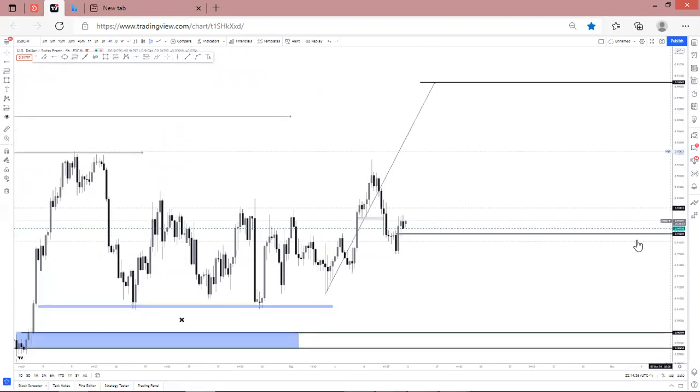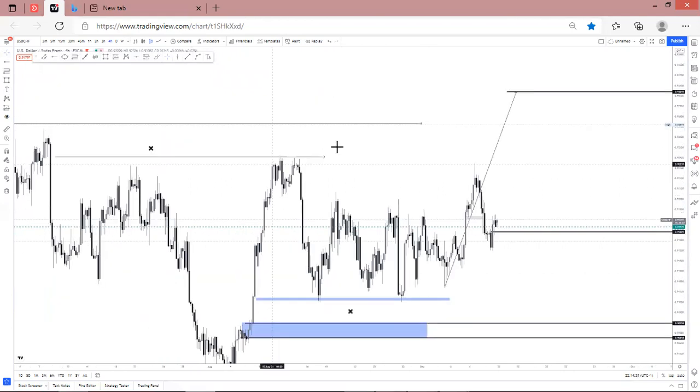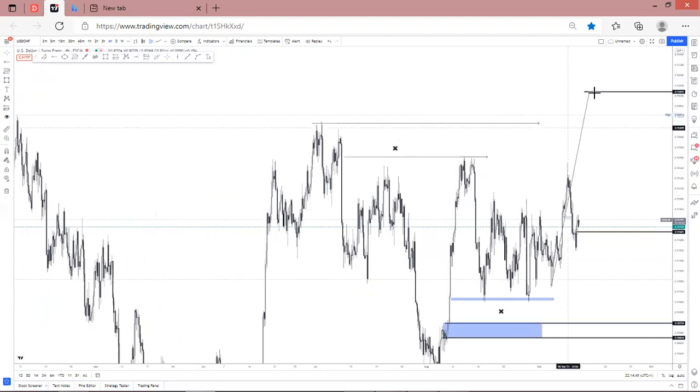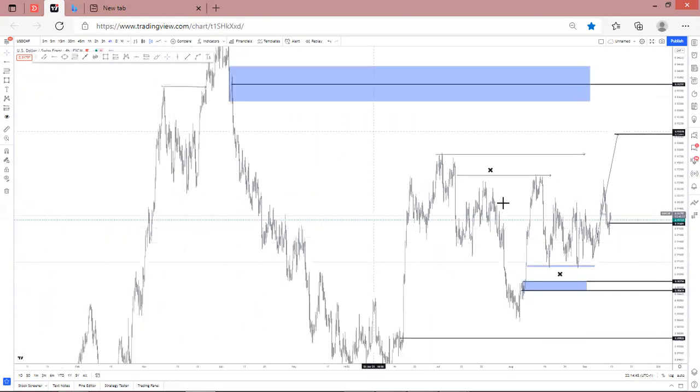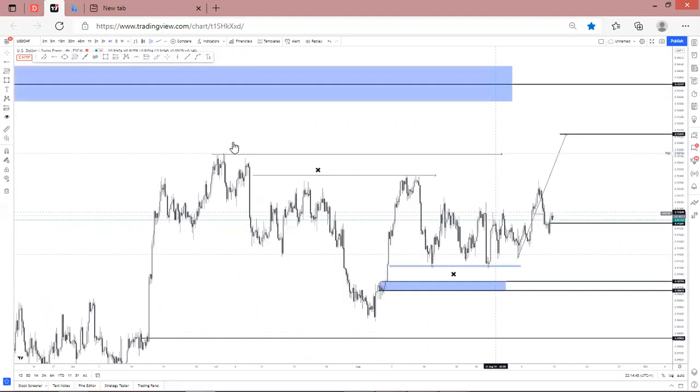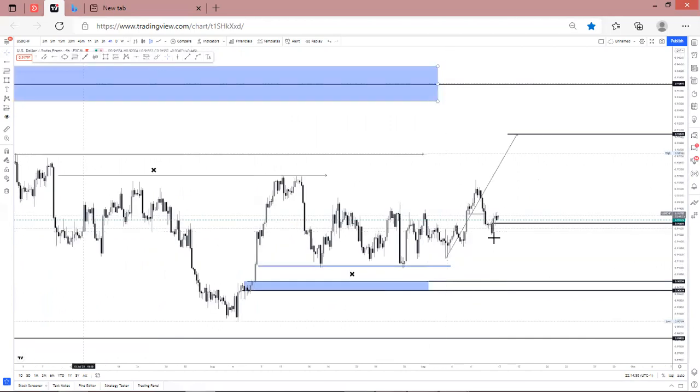Take profit levels, we'll be targeting these highs, and finally this high. Then this is the main area I'll be targeting before I'll be looking to short the dollar. But for this week, I'll be looking out for price to do something like this back here and go up or right to this point.